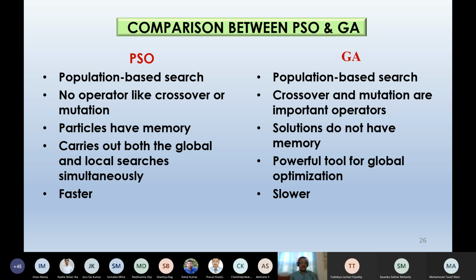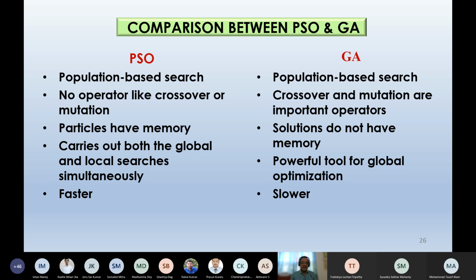Now, as it has got the memory, PSO can carry out both the global as well as local search simultaneously. You know the meaning of global search and local search, and simultaneously it can carry out both.